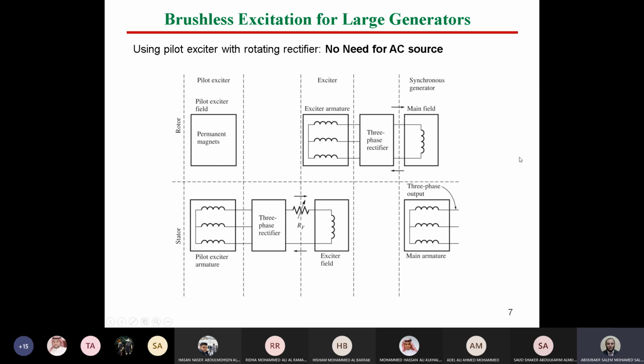Is it logical? Now we generated an AC supply here on these stator windings. Why do we not use it as the output of the generator? Why do we need to do all of this in order to generate a three-phase supply here as well?